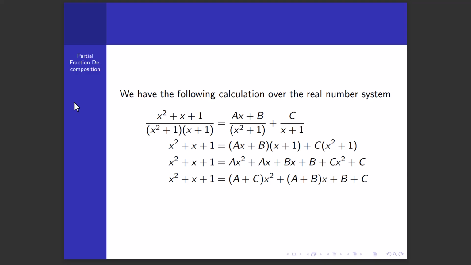So we combine those two fractions together, and we have as our result x squared plus x plus 1 equals the quantity a plus c times x squared, plus the quantity a plus b times x, plus the quantity b plus c. And this is matching up the numerators.